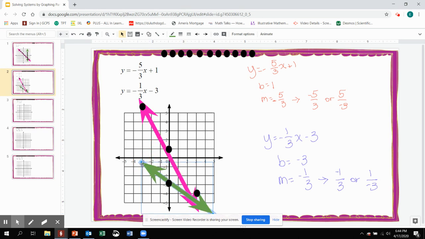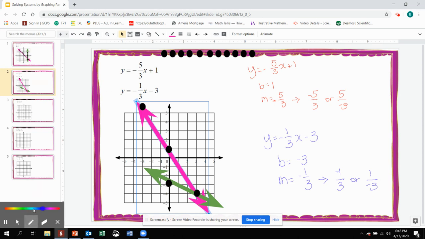So I will draw my line, which is hard to do using one of these, sorry. And so there's my line, and you can see where they intersect, even though I didn't draw it that well. The solution to this is where they intersect, and the solution is this point right here.